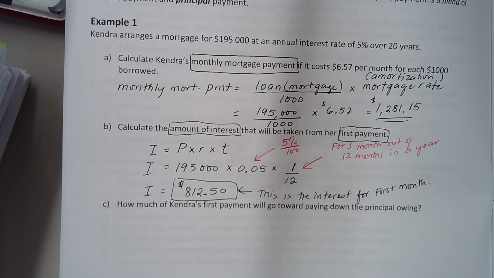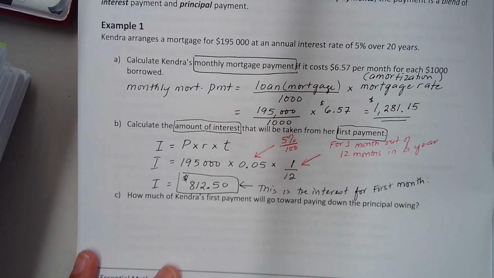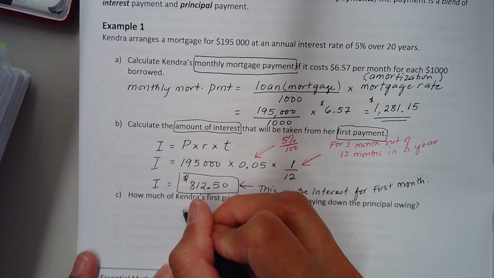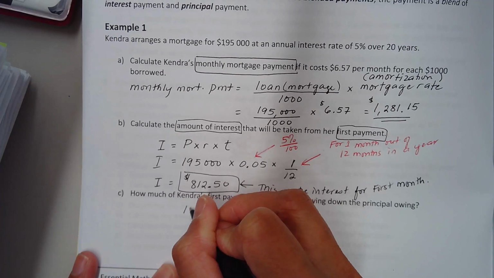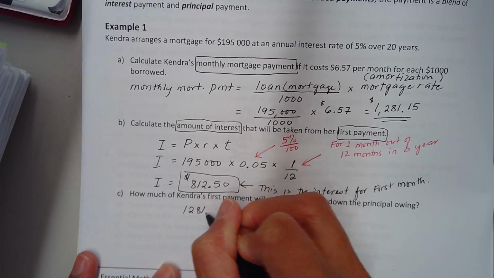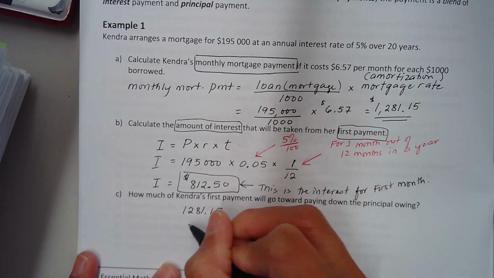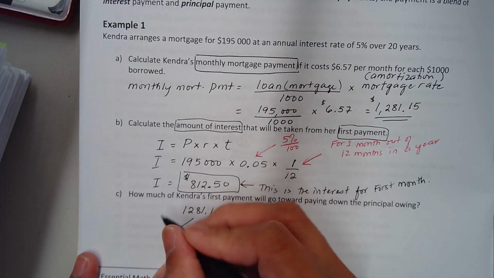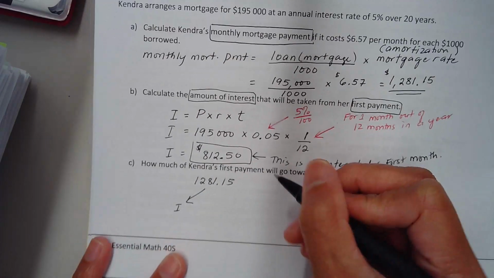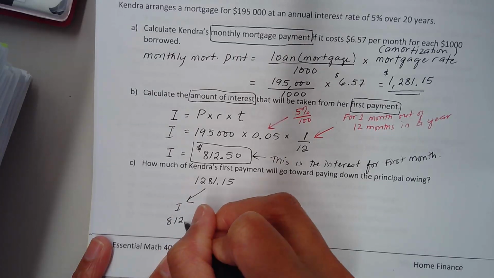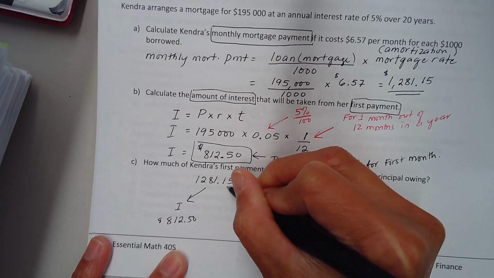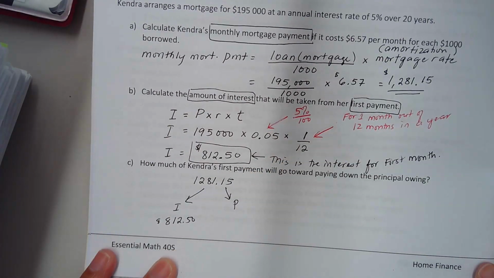So if this is the amount that I paid, $1,281.15, and the interest is $812.50, then how much went to the principal?